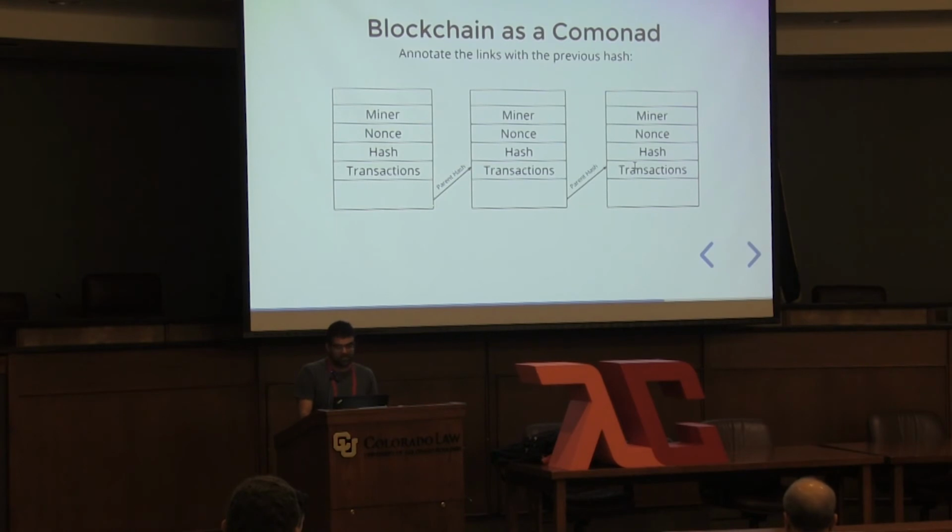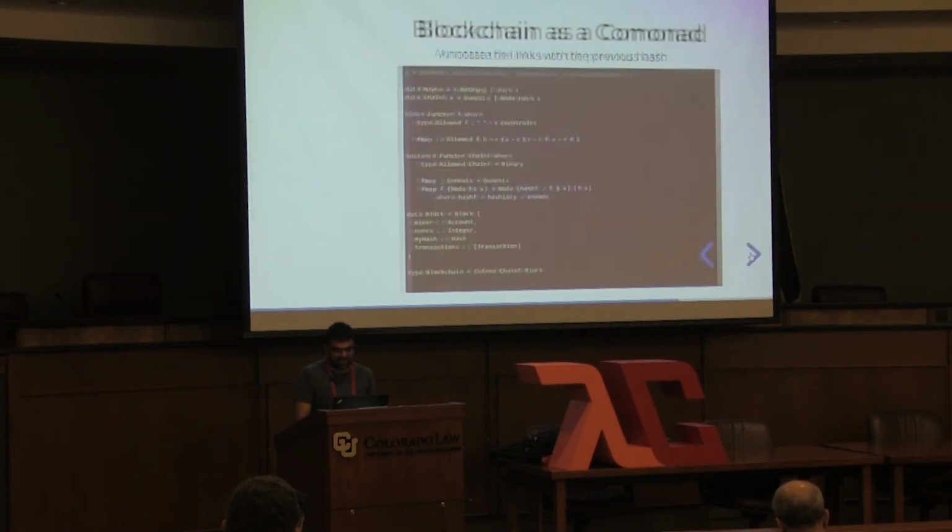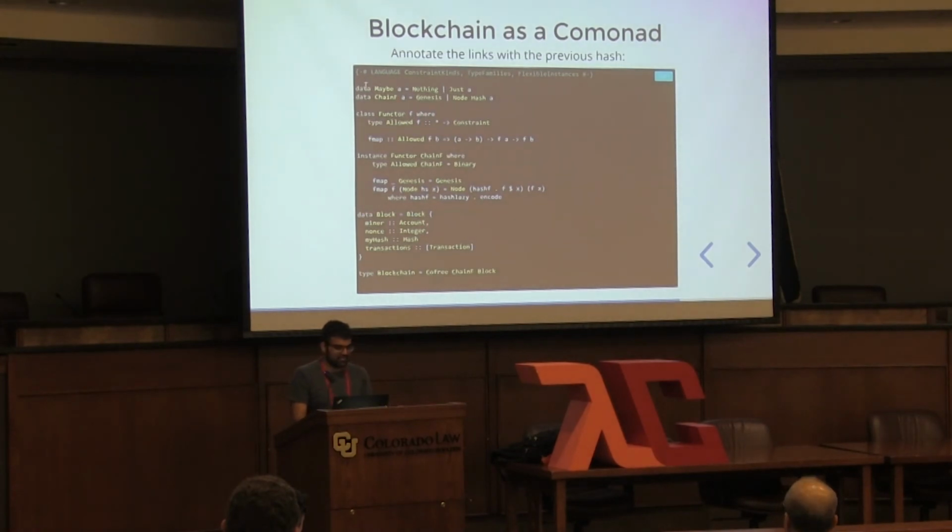And so the way you would modify this with a Cofree Comonad is you'd switch from this maybe as your base functor to this chain functor as your base functor, where you have your nothing replaced with the genesis block, and then you have each new block be a node with an annotated hash with the parent hash.